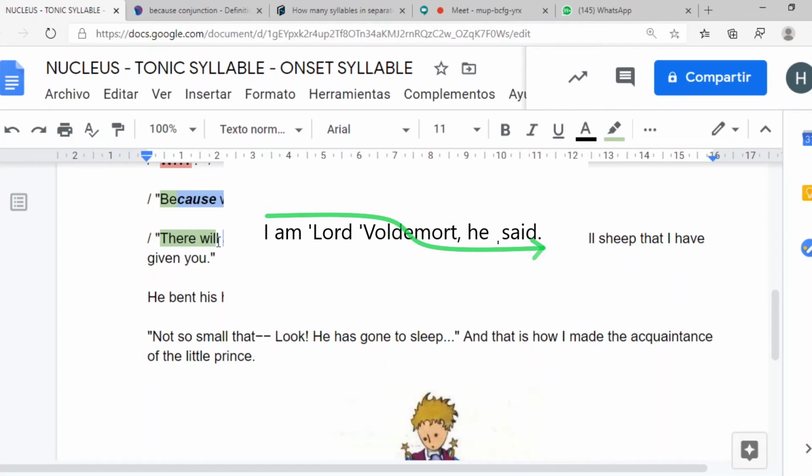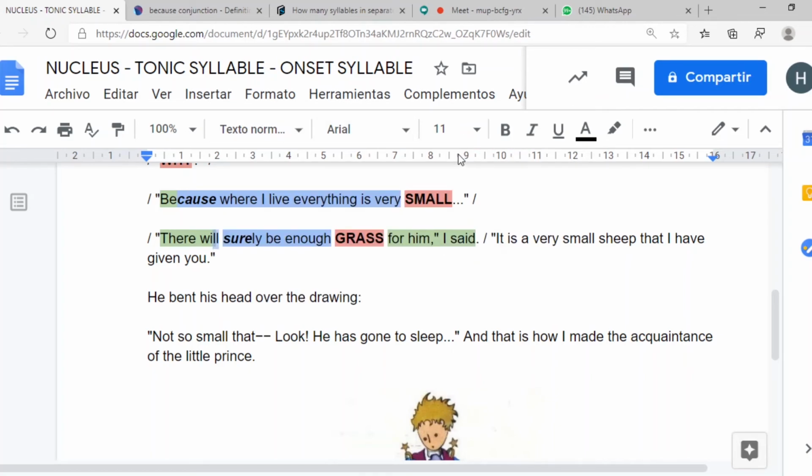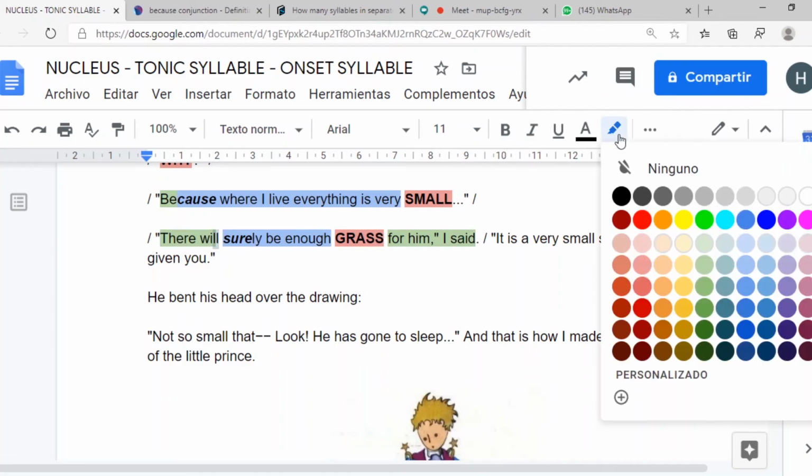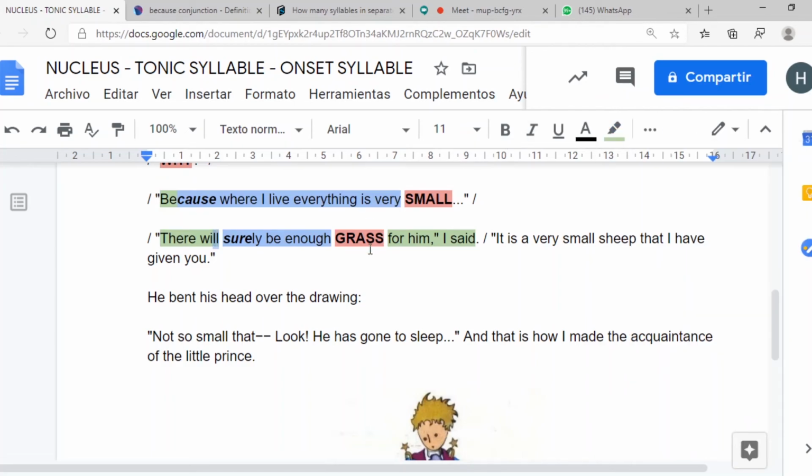So that's why I want you to practice this and to achieve this first. And of course, you will need to practice or to read more about stressable words.